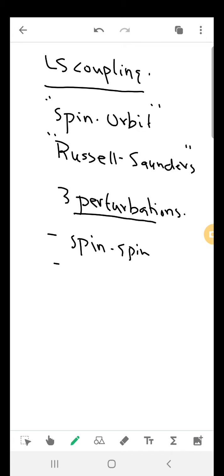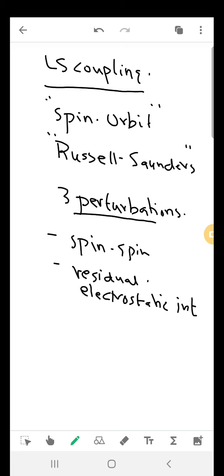The next is the residual electrostatic interaction. And the last one is your spin orbit interaction. So all these perturbations are to be taken into account.